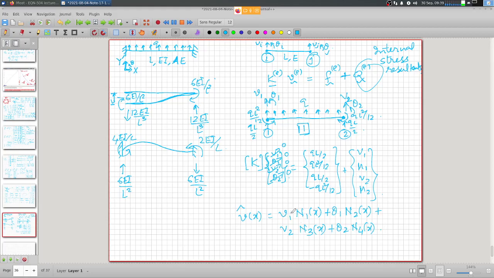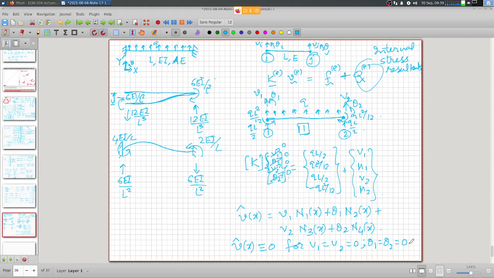Now if V1 is 0, theta 1 is 0, V2 is 0, theta 2 is 0, then obviously V hat(x) is equal to 0.